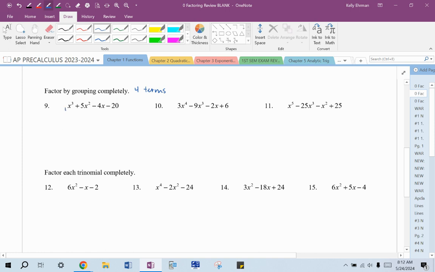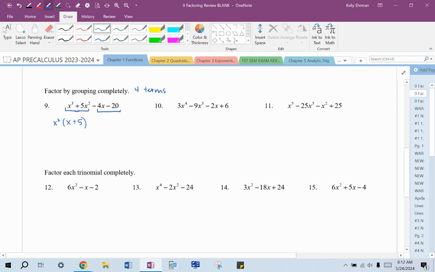So factor by grouping says, if possible, we want to look at the first 2 terms and the last 2 terms. We want to factor out a GCF from just the first 2 terms. So what factor do the first 2 terms have in common? We can factor out an x squared, and that would leave us with x plus 5 if we do that. And then what can we factor out of minus 4x minus 20?